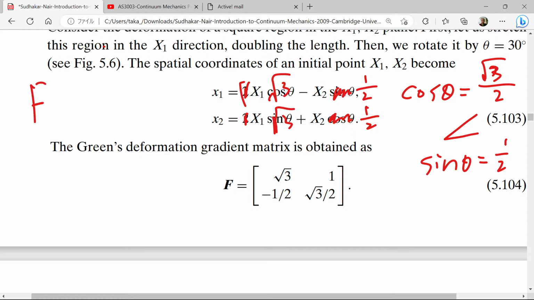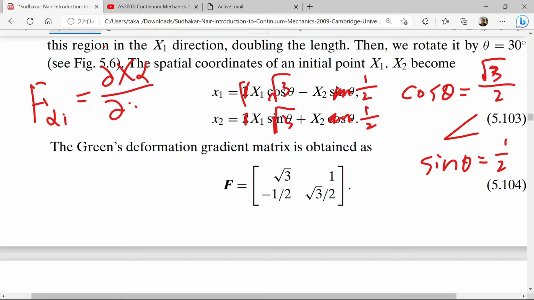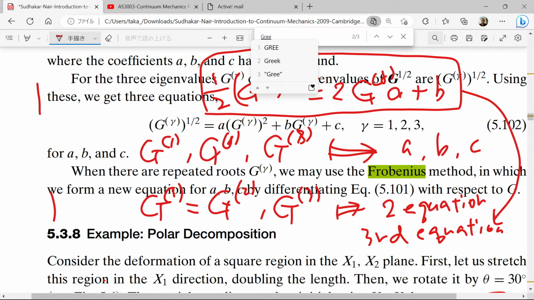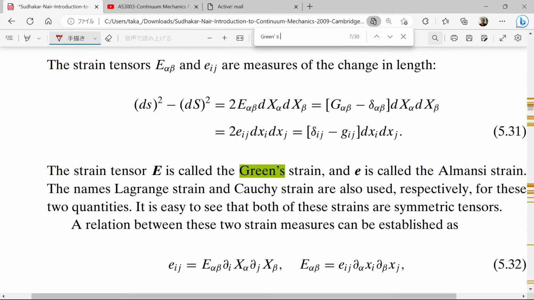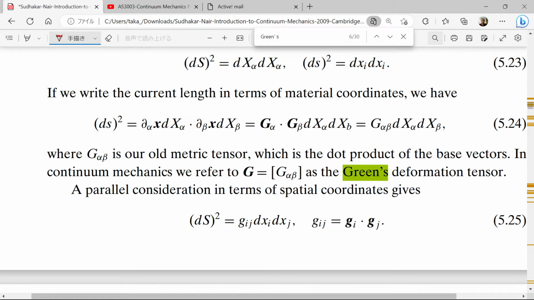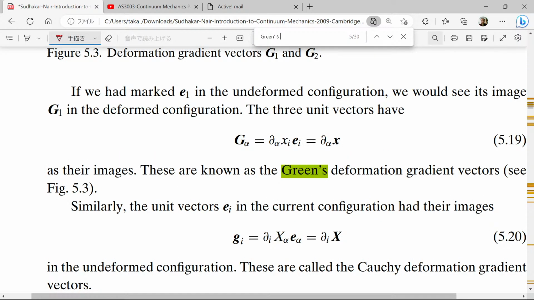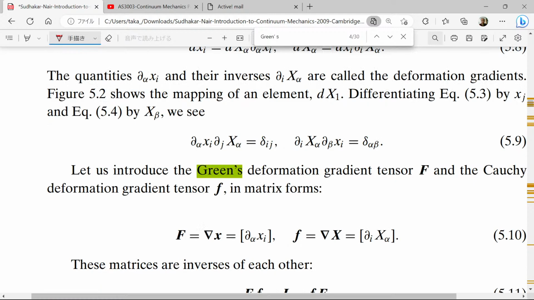And F goes like alpha I think. So this is the partial alpha, partial Green's deformation. This one.